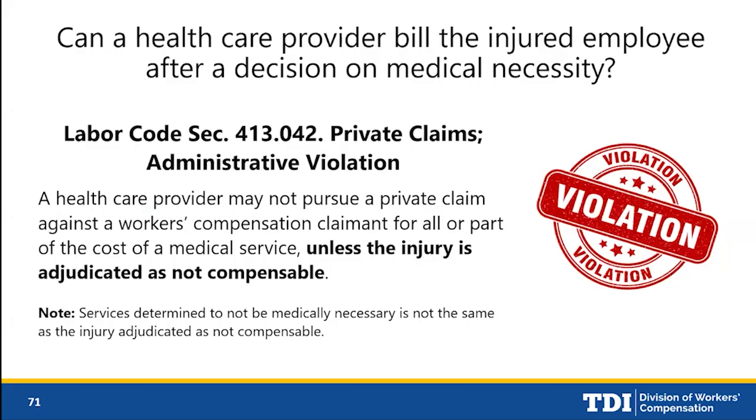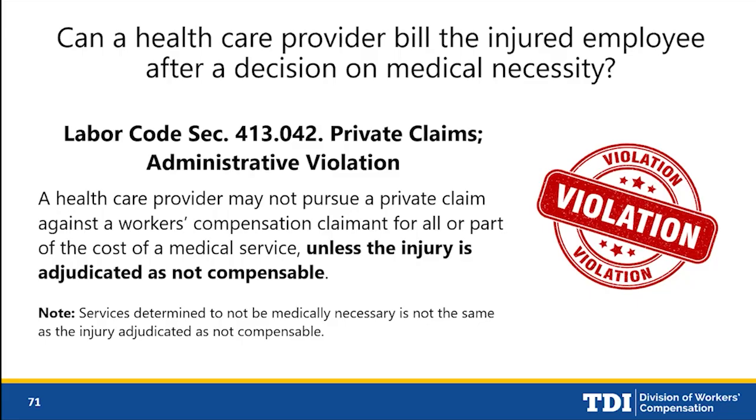We want you to understand why it is so important for you to support your pre-authorization requests the first time. Don't miss any deadlines. This is a rule that safeguards the injured employee, and it's really important that you understand Labor Code 413.042. This is called private claims administrative violation. What it says is that if you, the healthcare provider, get an adverse determination and you just decide to bill the patient for that procedure, that's called pursuing a private claim, and it's a violation on your part.